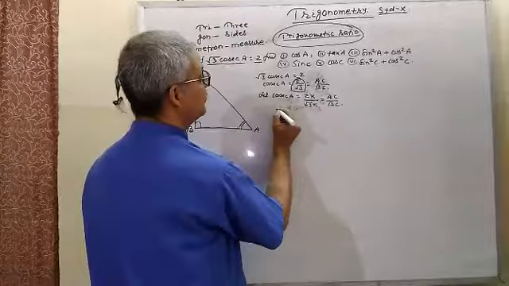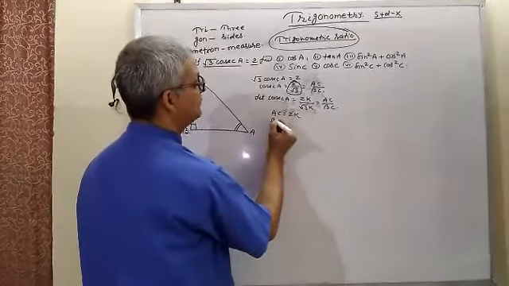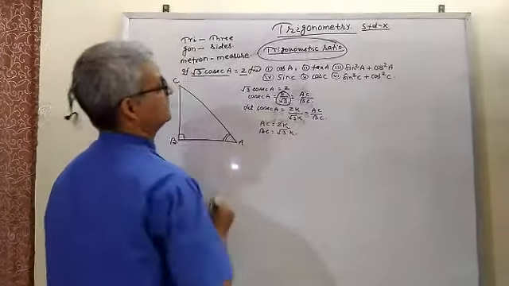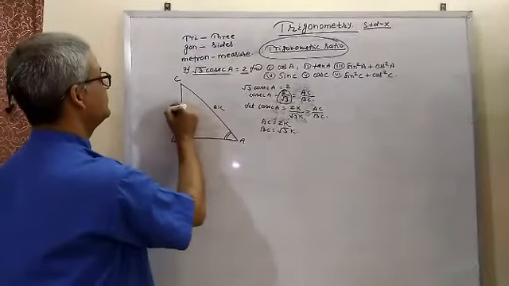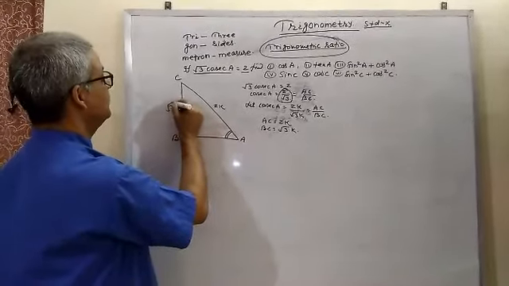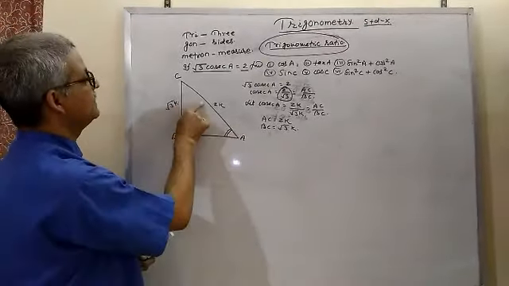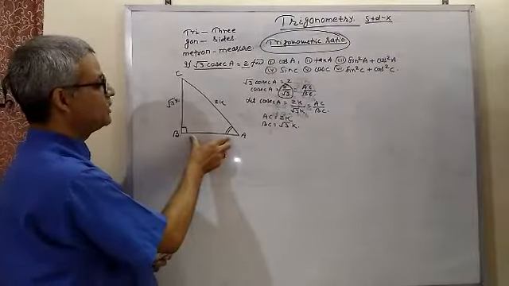It means now AC is equal to 2k, BC is equal to root 3 k. Now this is 2k and this is root 3 k. Now two sides are in our pocket, AC and BC. Now by using Pythagoras theorem we can find out AB.